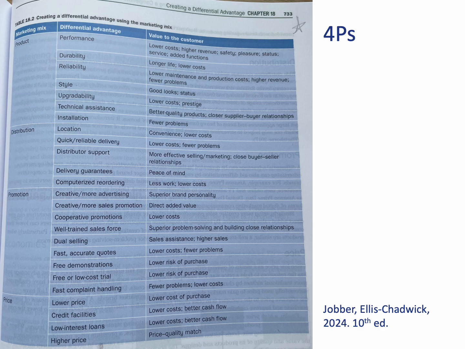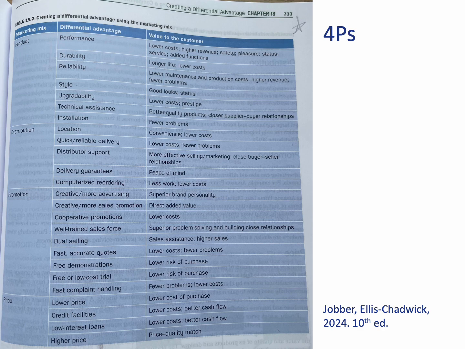So you can see they're structured by 4 P's: product, price, place, promotion. Product, price, well, distribution we call place. Anyway, it's the same thing. So if you look at the product, they say there are several areas you can think of. You can think of performance. You can do something about performance in order to perhaps lower the cost for customers, provide more safety, more pleasure, more status.